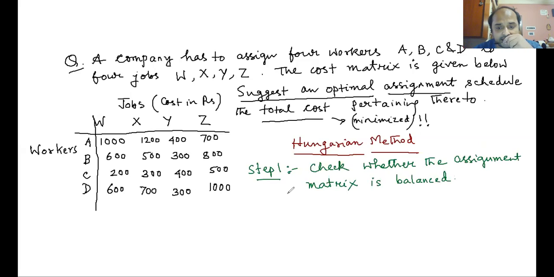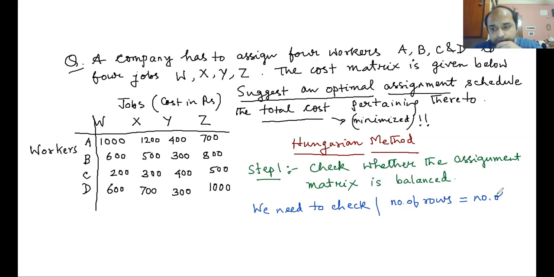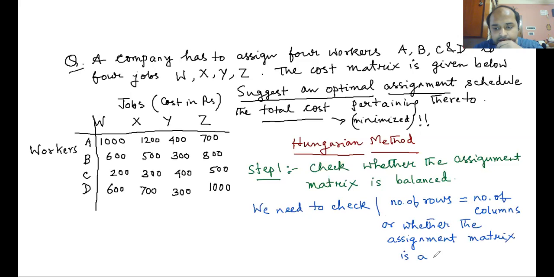And how to check this criteria? We need to check whether the number of rows in the matrix is equal to the number of columns, or in other words, whether the assignment matrix is a square matrix.